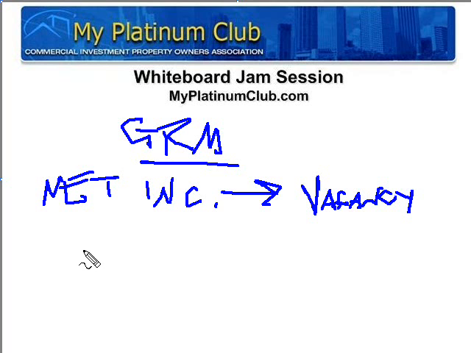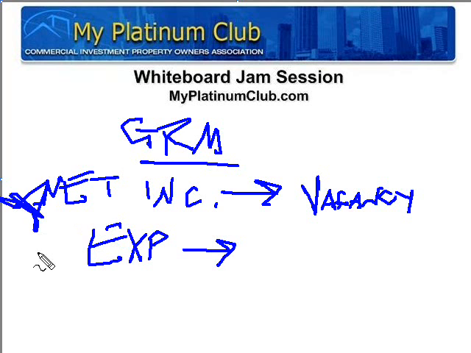So it does not take net income into effect, and it also does not take into effect expenses. Again, we might be looking at maintenance costs of the older property that are much higher, with a lower GRM. A lot of people are going to tell you the lower the GRM, the better, but it does not take into effect these two key factors.